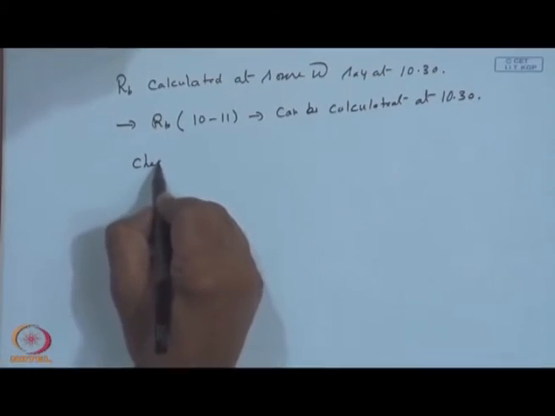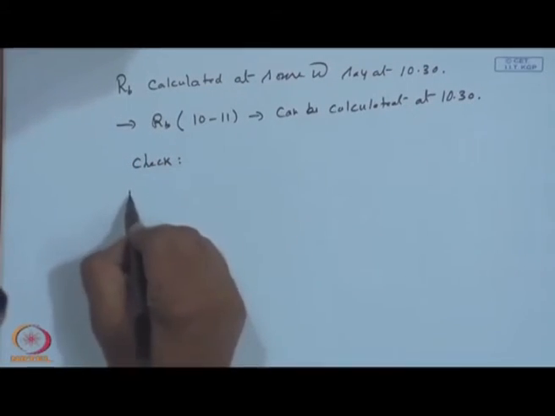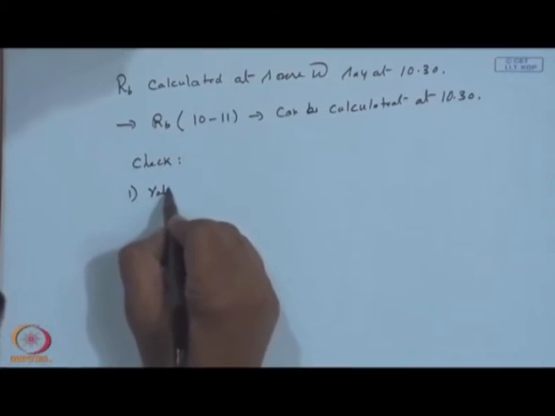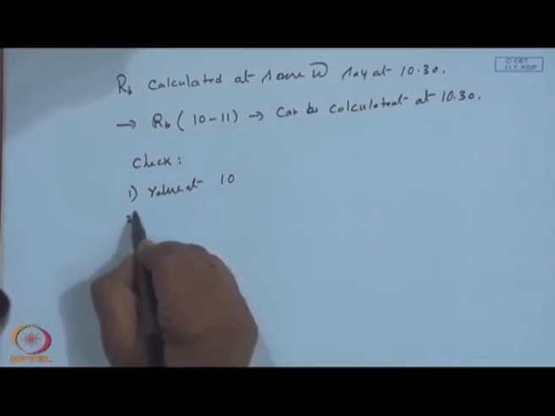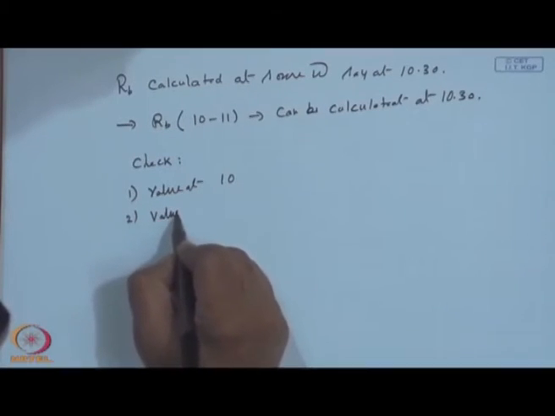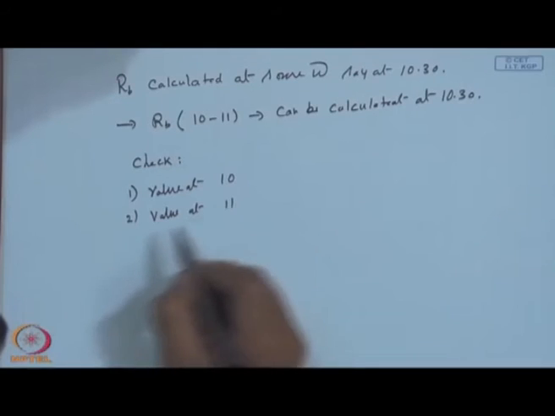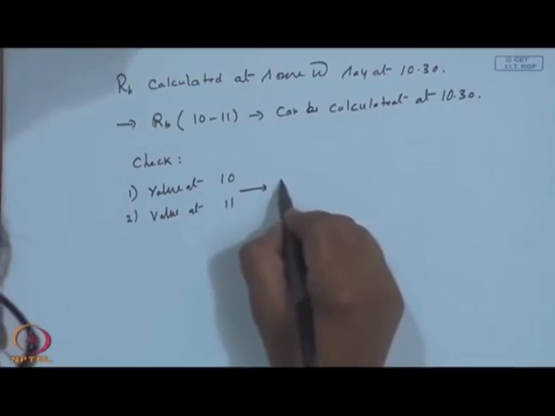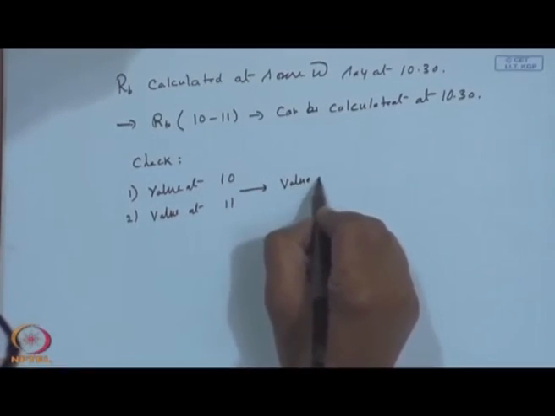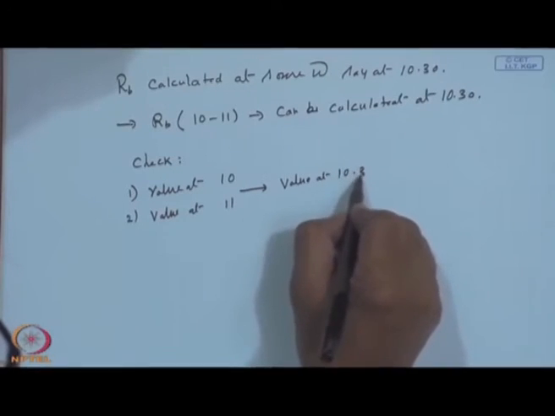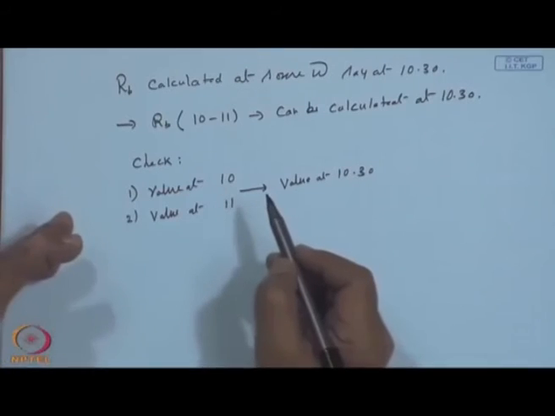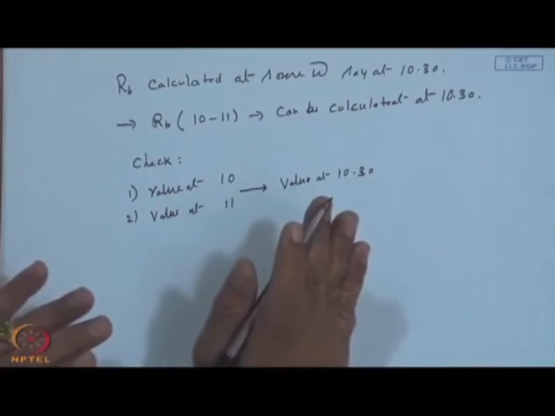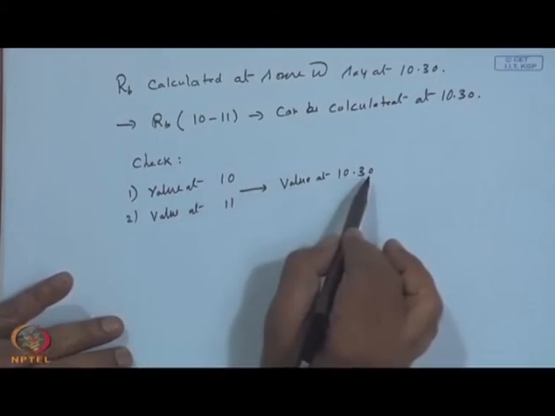Check one value at 10 o'clock, one value at 11 o'clock, and compare with the value at 10:30. Is it sort of a linear average or approximately average of these two values at 10:30?